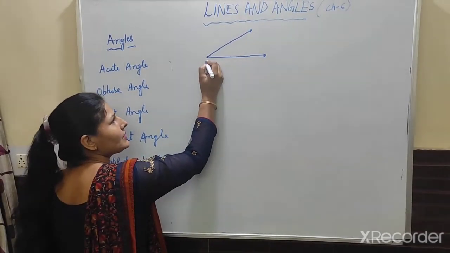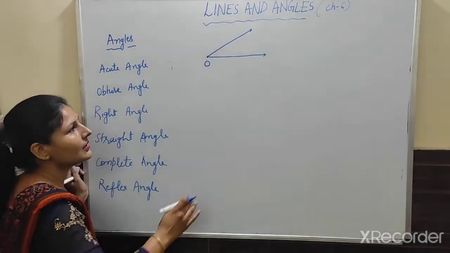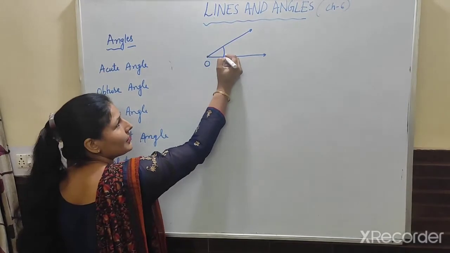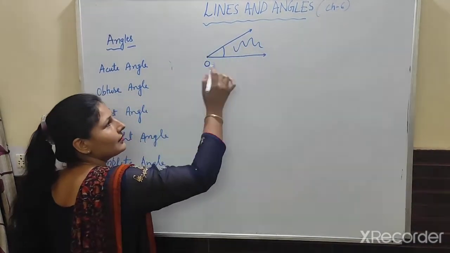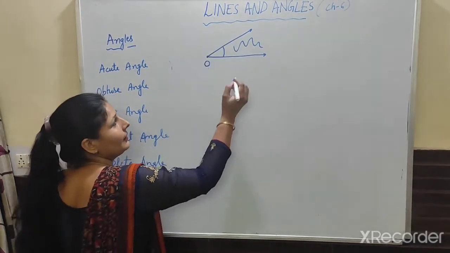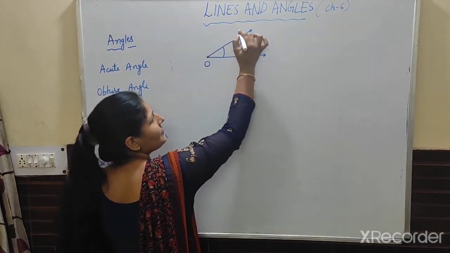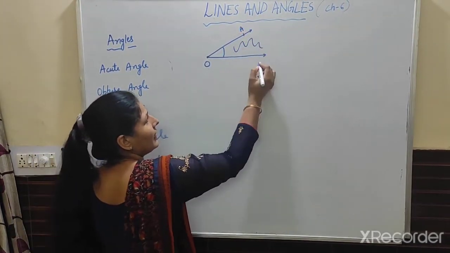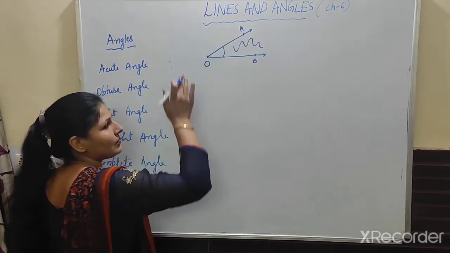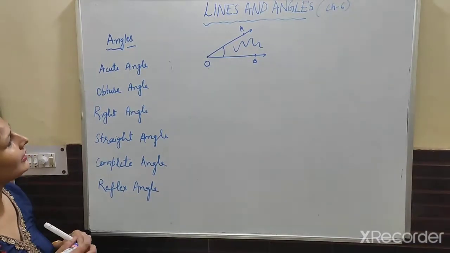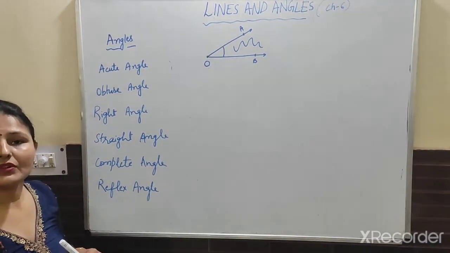Let this common vertex be called O. This region between two arms is called an angle. This is how an angle is formed, okay? Two arms, OA and OB. This region is called the angle. Now types of angles.